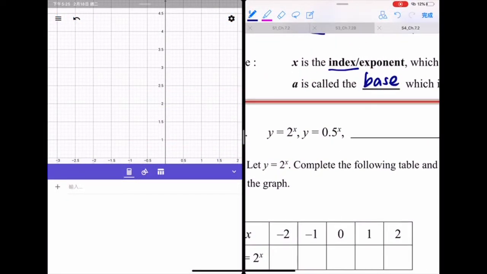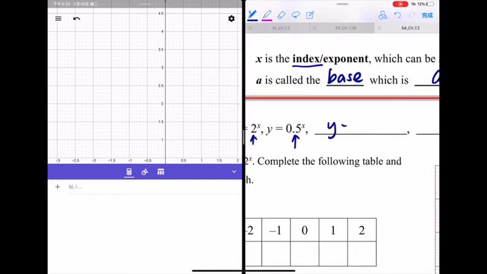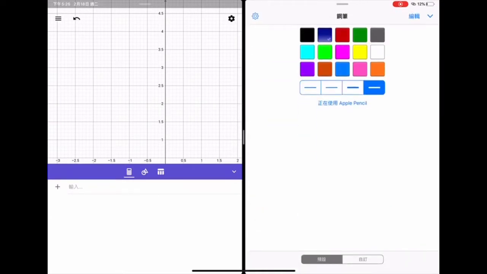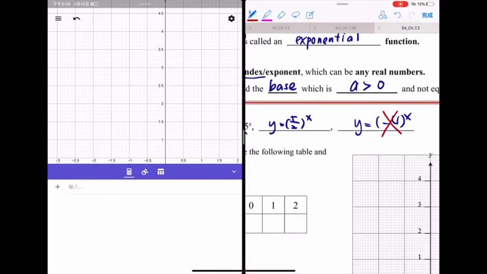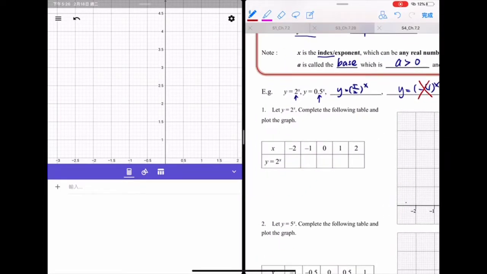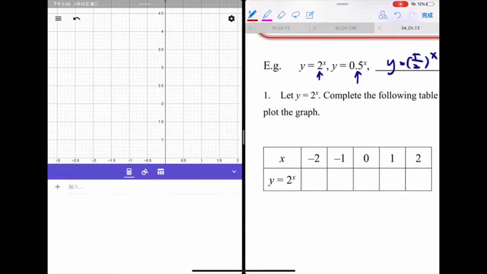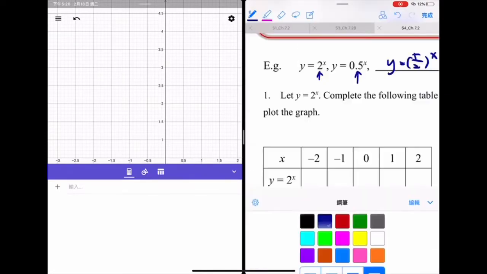So the base can be an integer, a decimal number, or a fraction, but once again, it can't be a negative number. So let's see what the graphs of the exponential functions are.